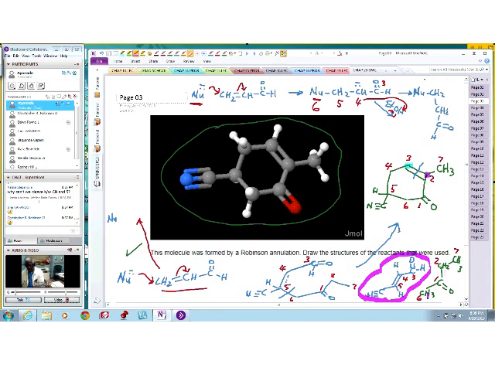Keep in mind what you want to do here. You want to construct your starting material so that you could get the product that you desire. This is the product that we want to make.